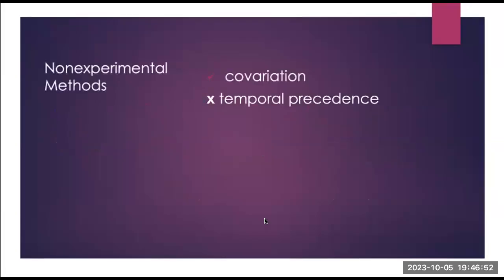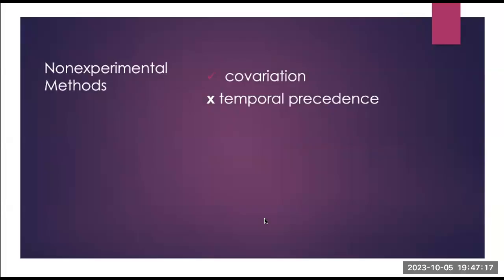So with non-experimental methods, right, we start off talking about experiments because there are very specific features that define an experiment. Essentially, everything else is a non-experiment. So in non-experimental methods, there could be covariation. In many non-experimental methods, we're looking for correlations. In a correlation, we're looking for systematic variation.